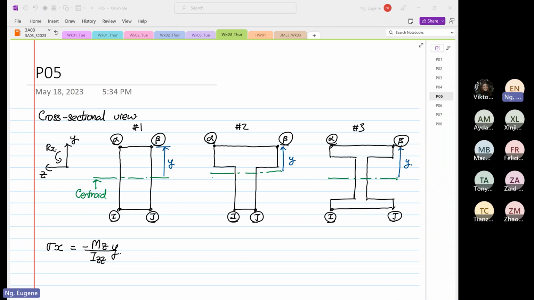Before you answer, look at the formula where we calculate stress X is equal to minus Mz divided by Izz, where Mz is the moment about z and Izz is the second moment of area about the z-axis, multiplied by y. So by looking at that formula, which one is symmetrical bending?